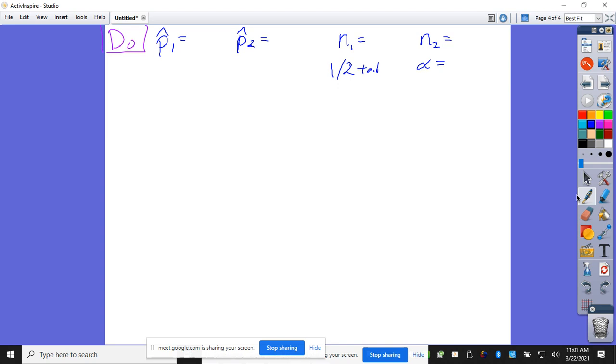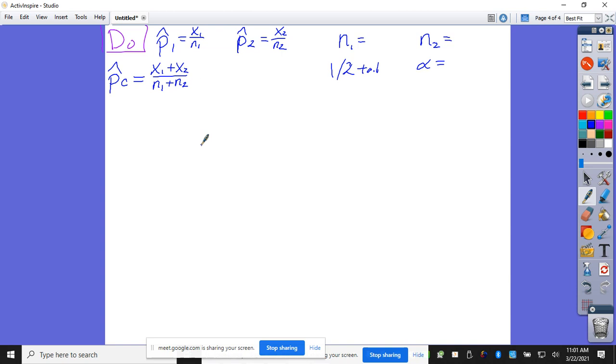No. So we put the two together to find a P hat C. This is your pooled, P-O-O-L-E-D, or combined P hat. And we do this by finding x1 plus x2, which is how I got these numbers up here, over N1 plus N2.